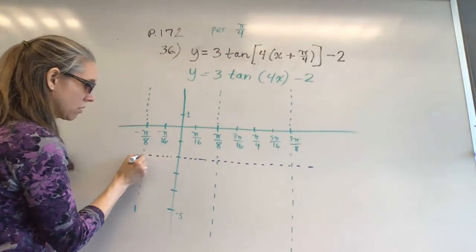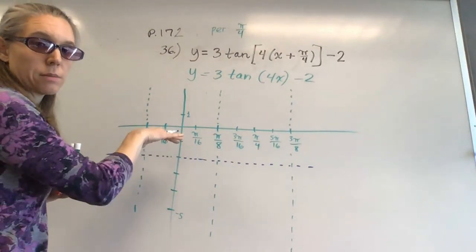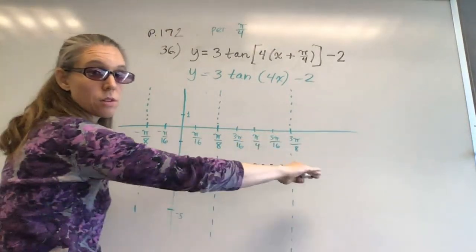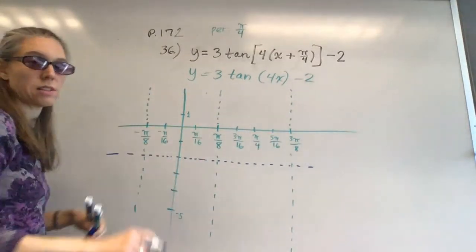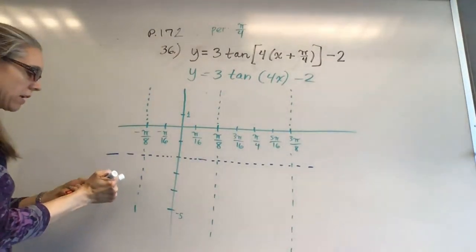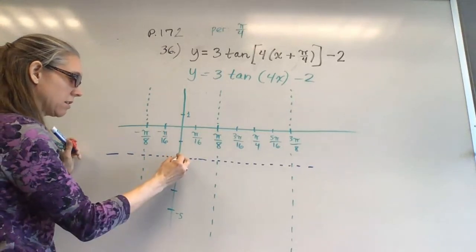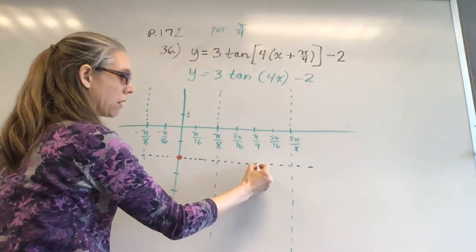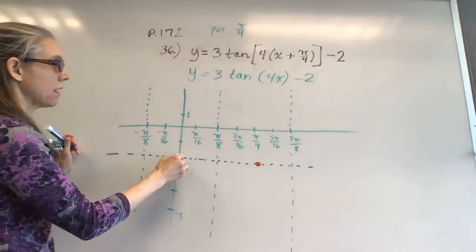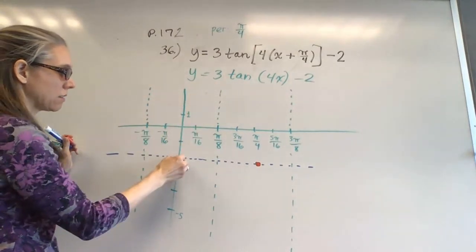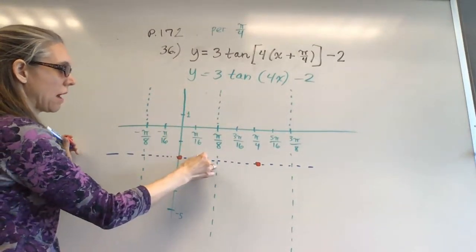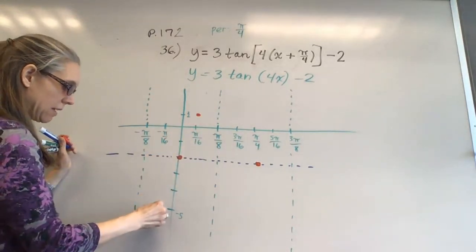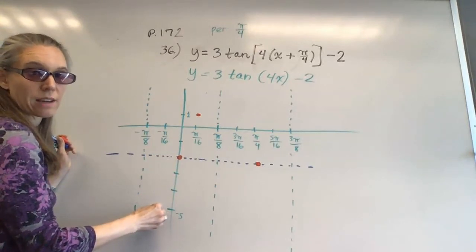And by drawing this horizontal dotted line at -2, I'm going to have my graph be kind of at a 0 here at -2 because the whole graph is just shifted down 2. So now what I need to do is I want to have a 0 dot at -2 halfway through each of these cycles, and then this is a stretch by 3. So when I come a quarter cycle over, I need to go 3 up, and a quarter cycle back, I need to go 3 down, and that's why I went all the way down to -5 in the first place.